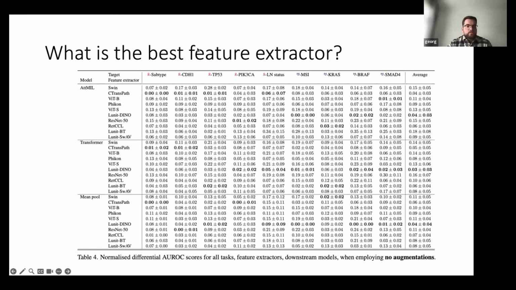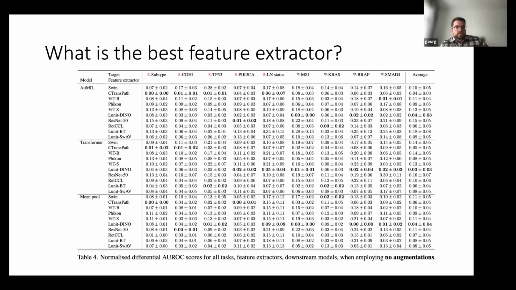Well, so C-trans path was trained on the entirety of TCGA, and the biggest cohort in TCGA is breast cancer. But it was also additionally trained on an internal cohort from the authors, which I don't know exactly what the distribution of tissue types there is.